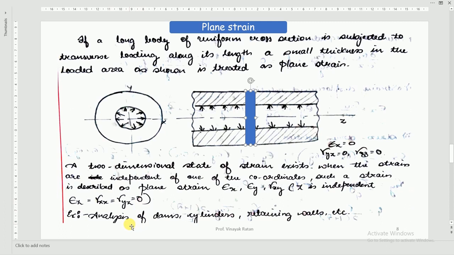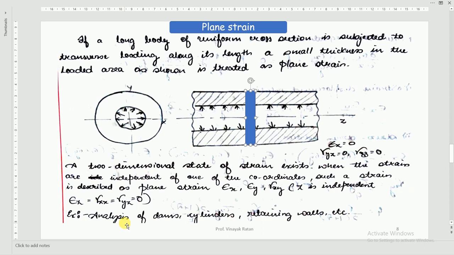Example where you can apply this: analysis of dams. If you consider a dam, there will be a water force applied onto the dam. If you consider only a small section of that dam, strain in x and y will be there, and strain in the z direction will be hardly negligible.